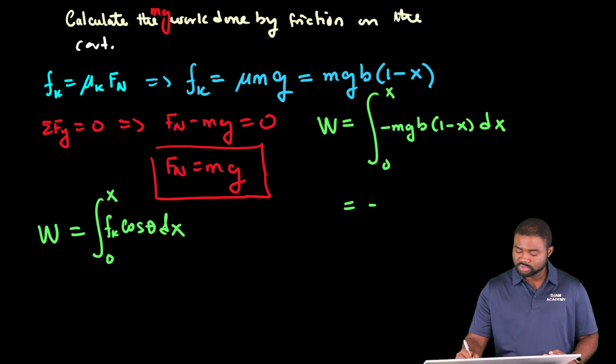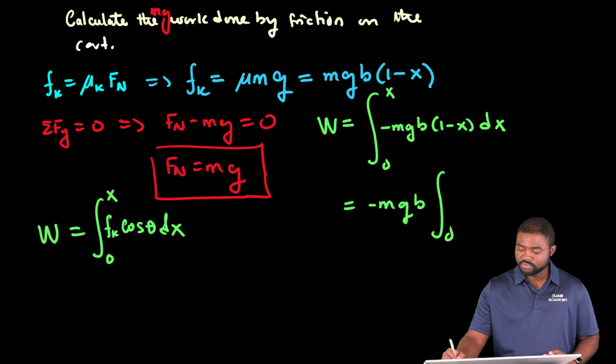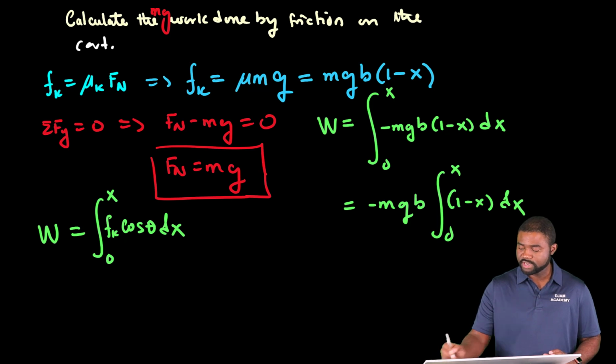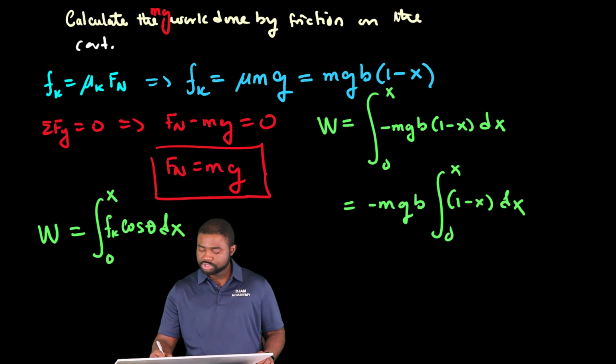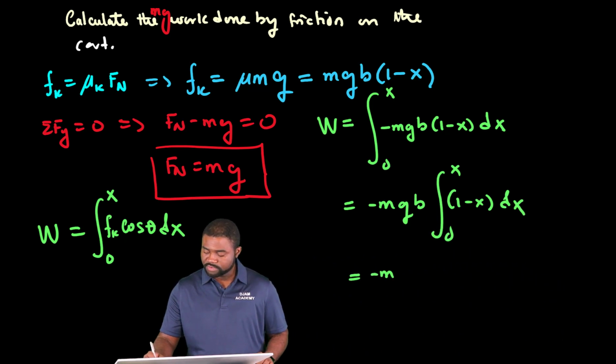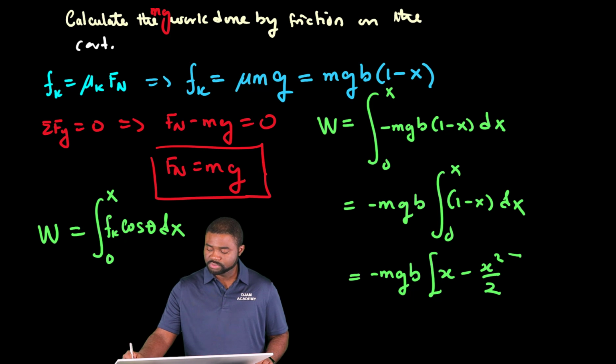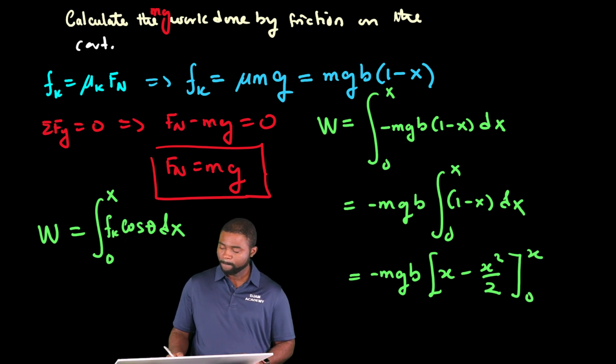This is equal to negative mgb times the integral from 0 to x of (1 - x) dx, which will be equal to negative mgb times [x minus x squared over 2] from 0 to x.